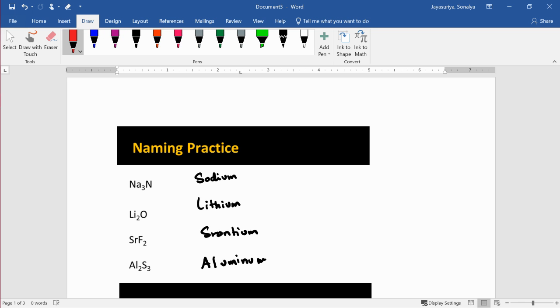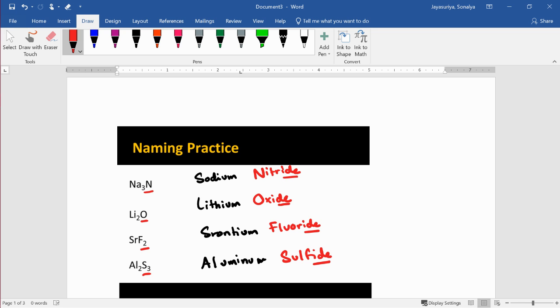Then we take the anions, and we just change them into "ide." Nitrogen becomes nitride, oxygen becomes oxide, fluorine becomes fluoride, and sulfur becomes sulfide. Very easy. Look at that, you know how to name basic ionic compounds now.